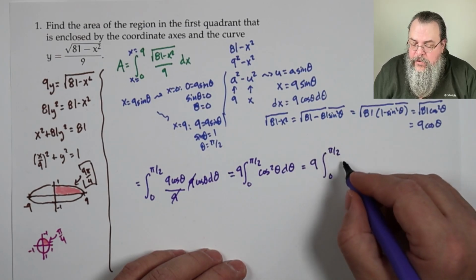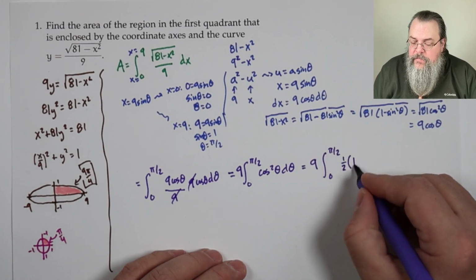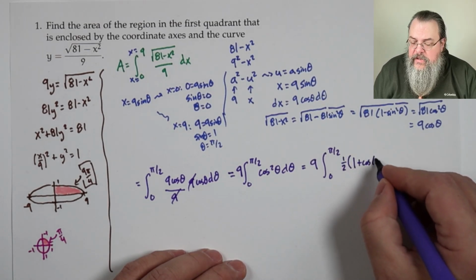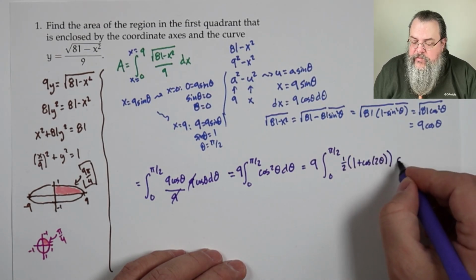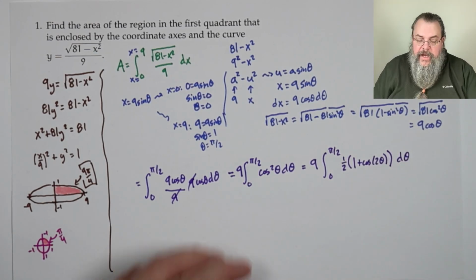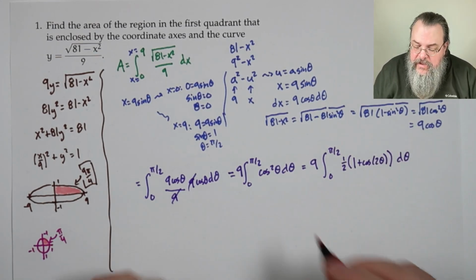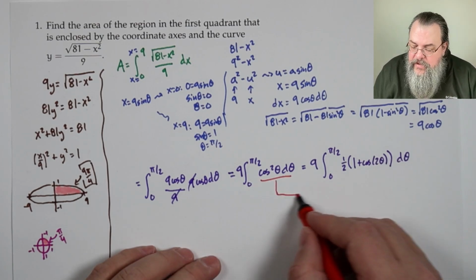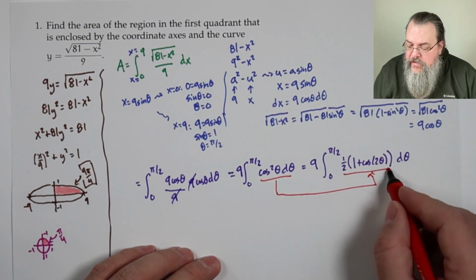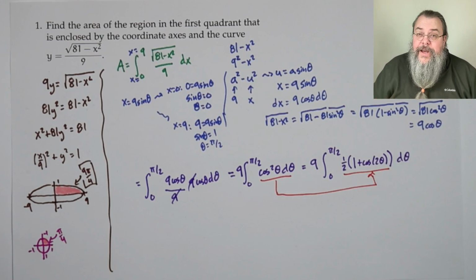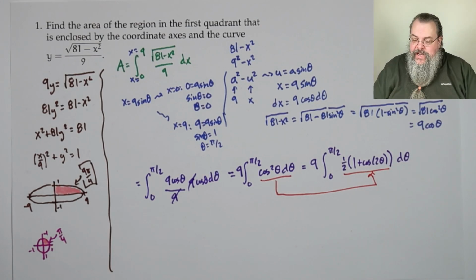So we're going to have 1/2 times 1 plus cosine 2 theta d theta. So this is our power reduction formula, and very convenient to know if you're ever going to encounter something that needs to be reduced. So in other words, whenever you have both sines and cosines to even powers.